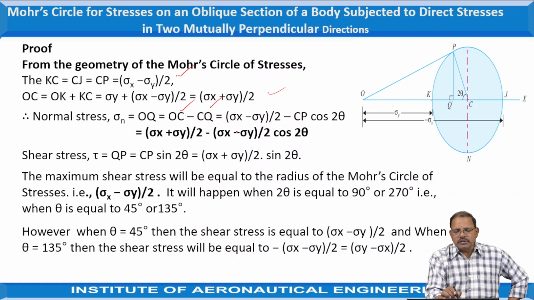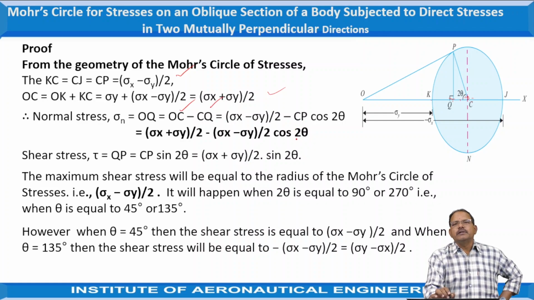From these relations, we already determined OC equal to (sigma x plus sigma y) by 2, minus CQ. The CQ value is equal to CP into cos 2 theta.